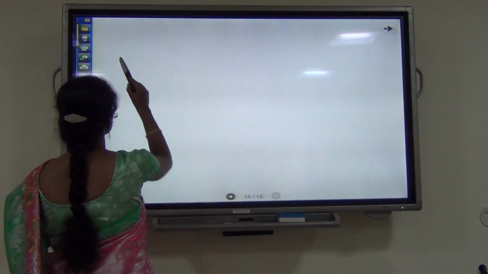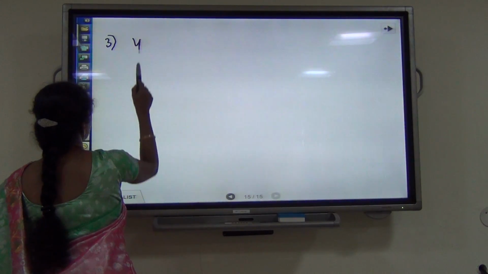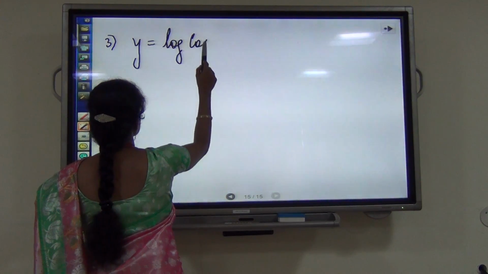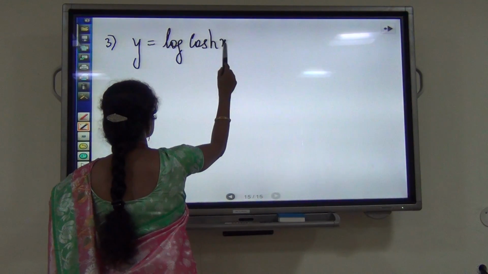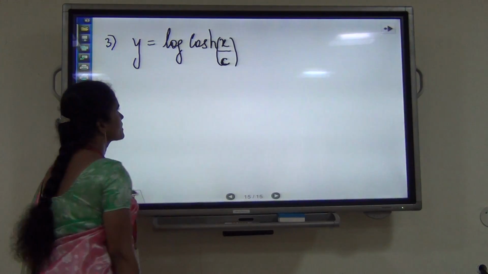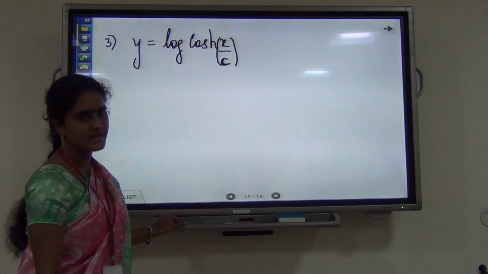The third problem is about y is equal to log cosh x by c. Y is equal to log cosh x by c.